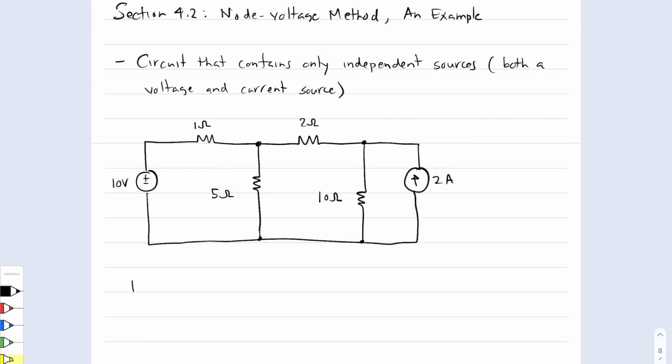Now, the question is to find the current in the 2 ohm resistor. And we're going to use the node voltage method in order to do that. Now, first things first, let's go ahead and identify all of our nodes.